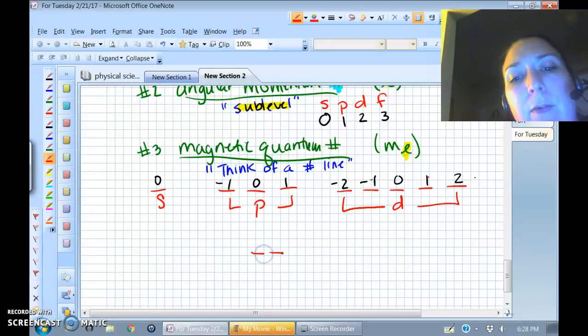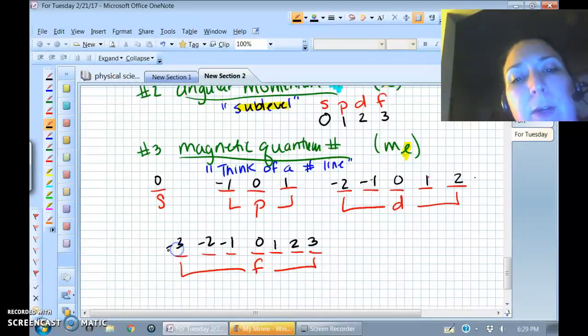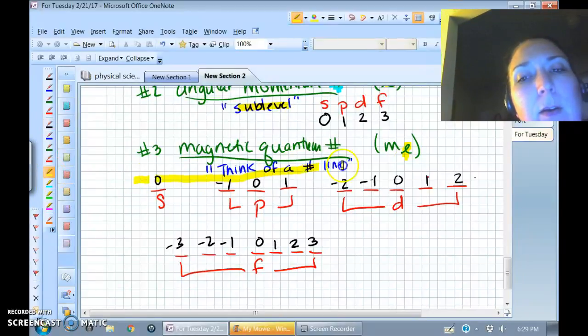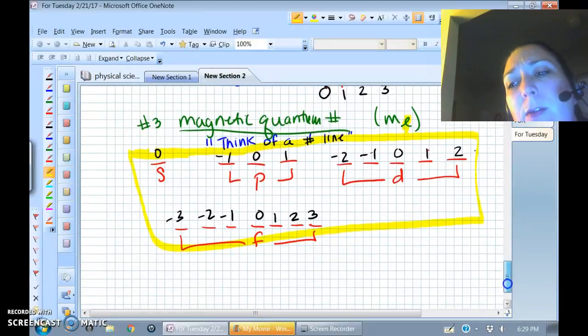Alright, F. F, we have 7 orbitals. Right in the middle is 0, 1, 2, 3, -1, -2, -3. Okay, so if you are speaking about an electron in any of these individual orbitals, then you need to think back to this right here to think of what number to assign them based upon their location within their sublevel.